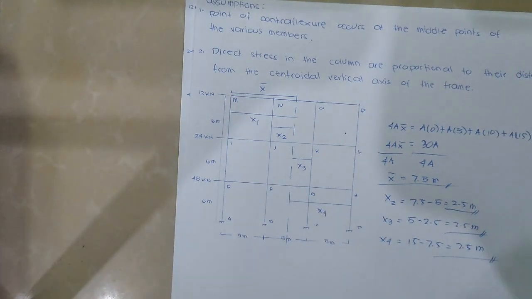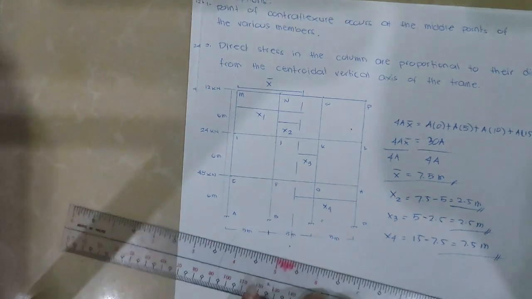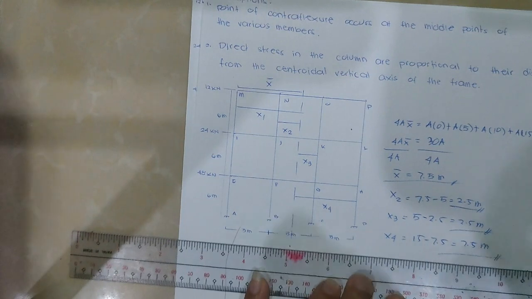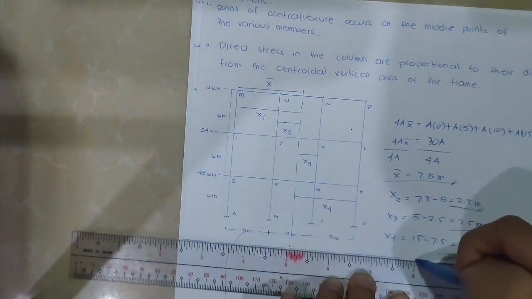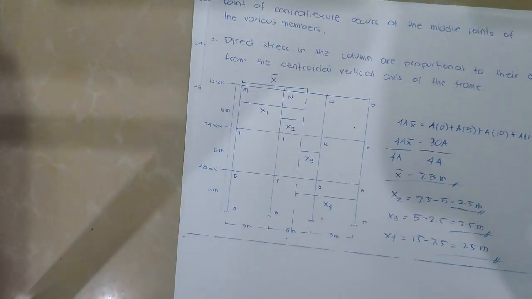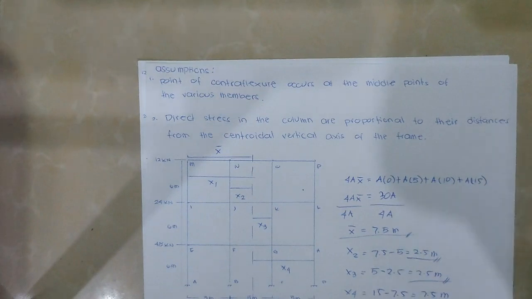So let's move on to the second assumption. Let's try to explain the second assumption. The second assumption says the direct stresses in the columns are proportional to their distances from the centroidal vertical axis of the frame.